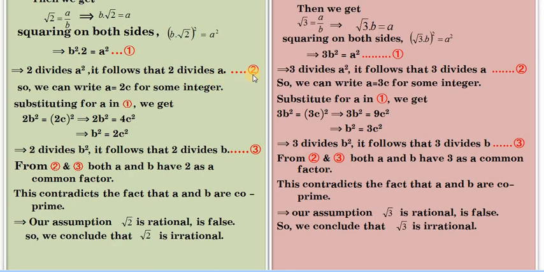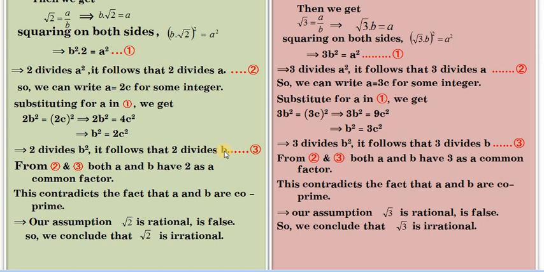Now from step 2 and 3, what do you observe? a is divisible by 2 and b is divisible by 2. Means both a and b are divisible by 2, which implies 2 is a common factor of both a and b.